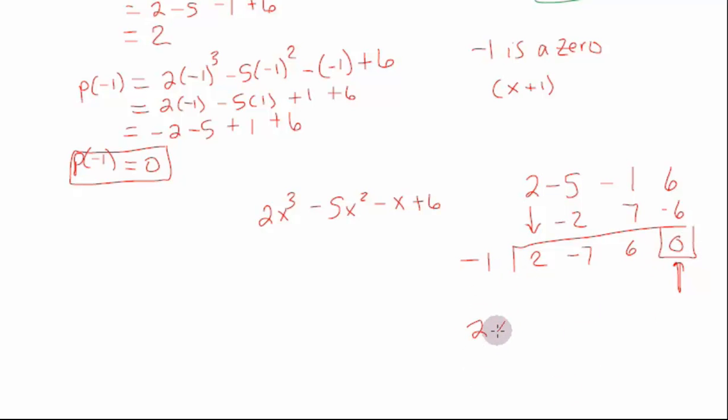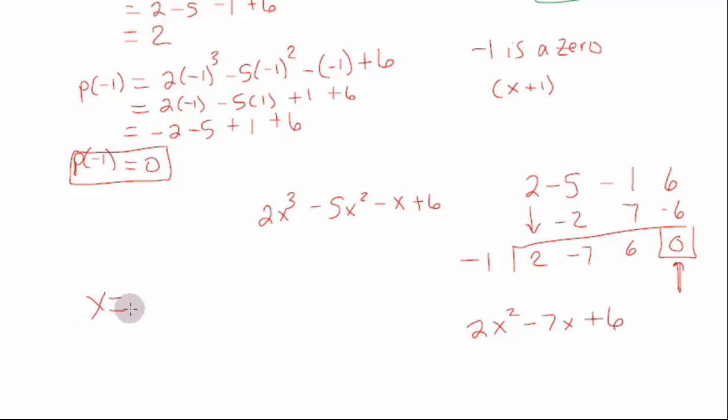So my answer here is 2x squared minus 7x plus 6. We started with a cubic, so it's down 1 degree. Okay, we had a cubic. We divided out the zero, the factor of x plus 1, and now we have this. This is just a quadratic, and we can solve it with the quadratic formula, or you can solve it by factoring. Well, since we're finding the zeros, let's find the other two zeros with the quadratic formula.